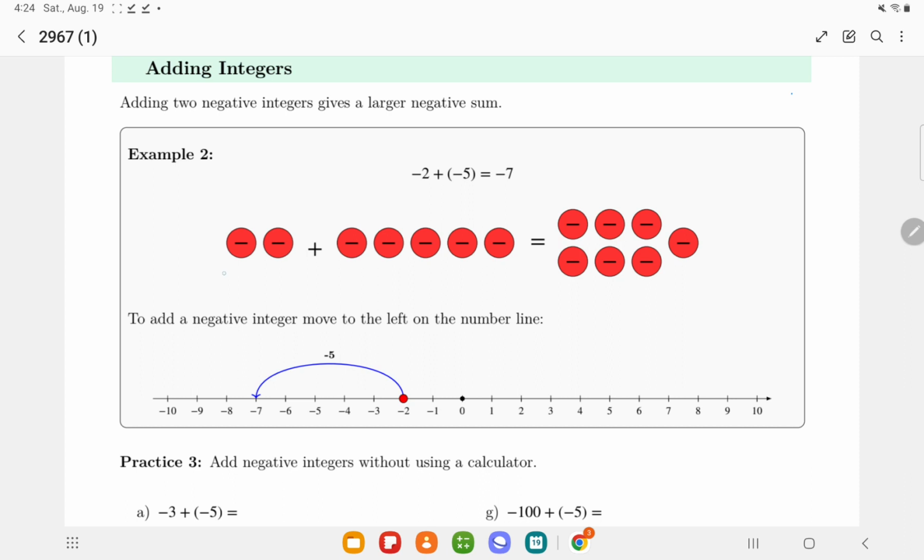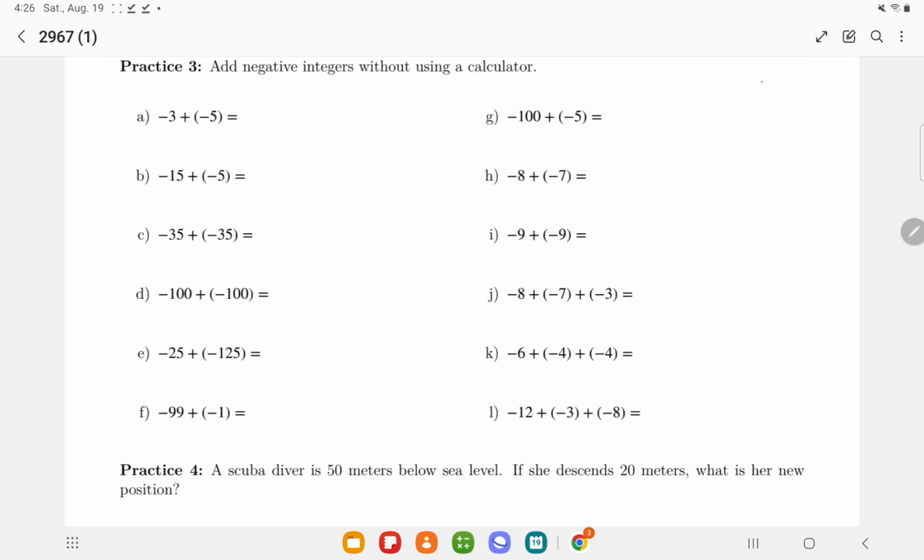When we're adding two negative integers, we're going to end up with a larger negative integer. So -2 plus -5 gives us -7. For example, if the temperature outside is -2 and then it gets 5 degrees colder, we're going to end up with -7. Let's practice.